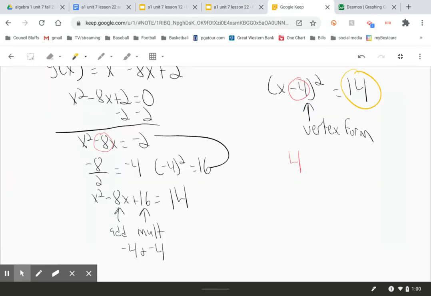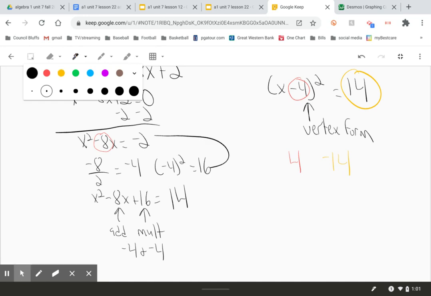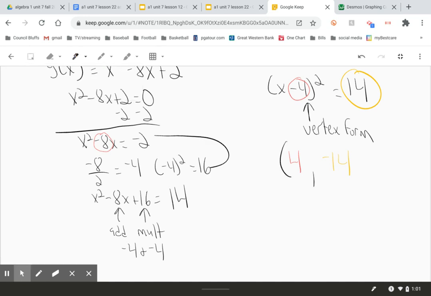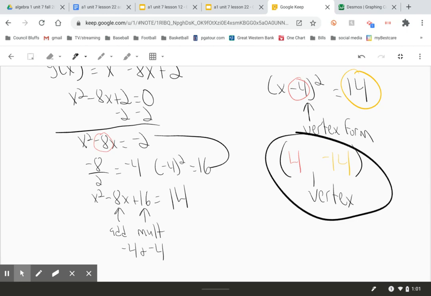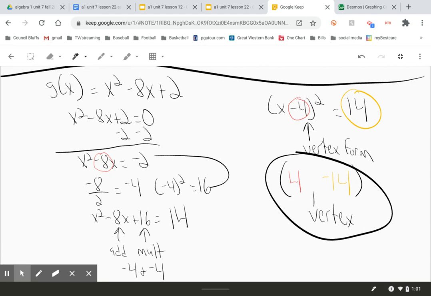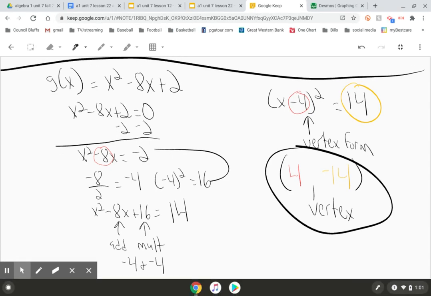So the constant term in this case is 14. The opposite of 14 is -14. So my vertex is the point (4, -14).